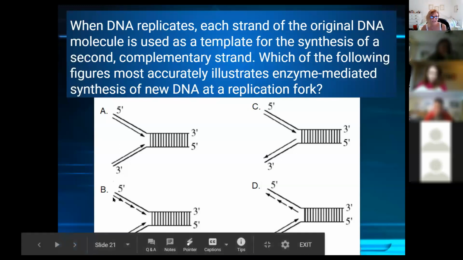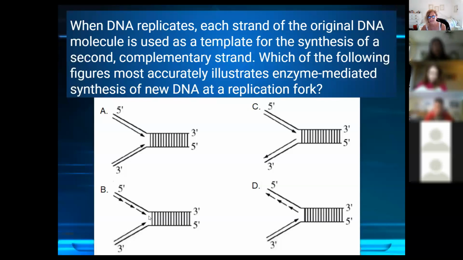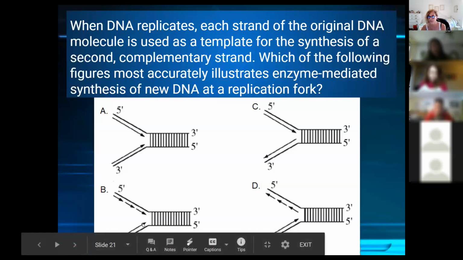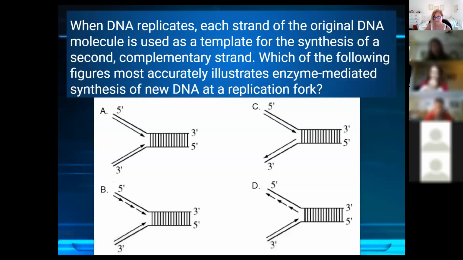That means this one is building 3 to 5, and this one is building 5 to 3. We know they all have to build 5 to 3. Knowing that they're anti-parallel, that should eliminate the choice B. In D, the leading strand at the bottom is going toward the replication fork.